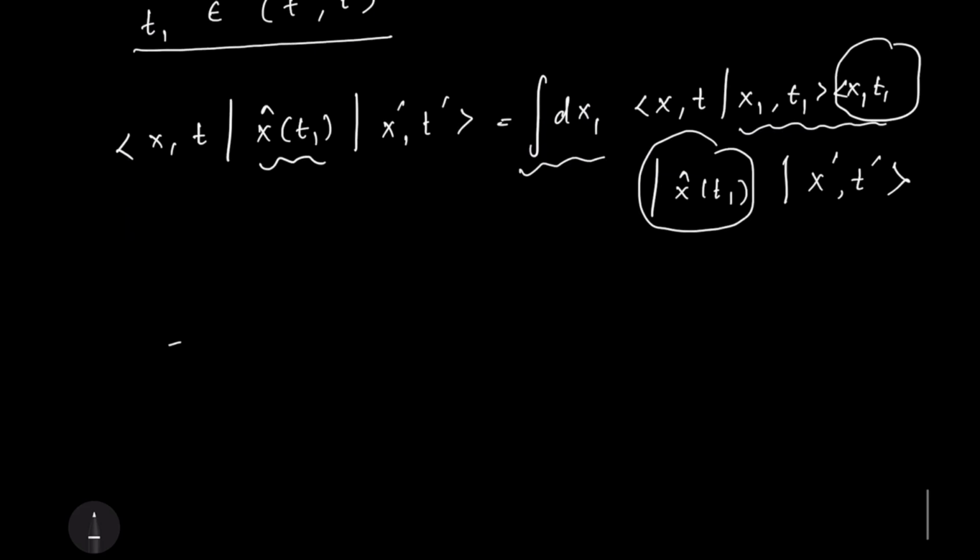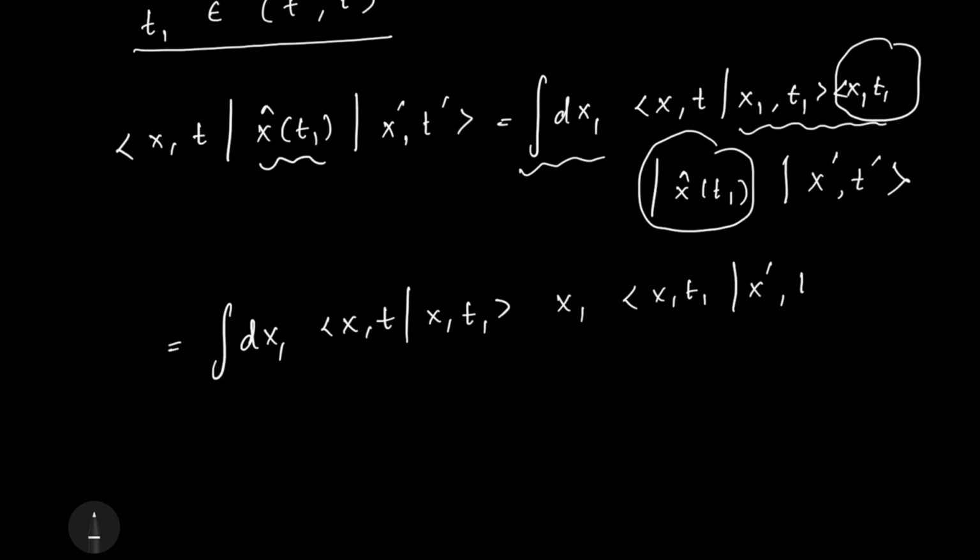So this will be equal to integral dx1 xt x1 t1 as it is, right? And x1 t1 acting on x prime t prime, I will get x1 and then the same x1 t1 x prime t prime, right? So this is the eigenvalue.